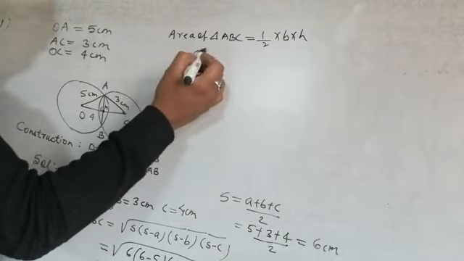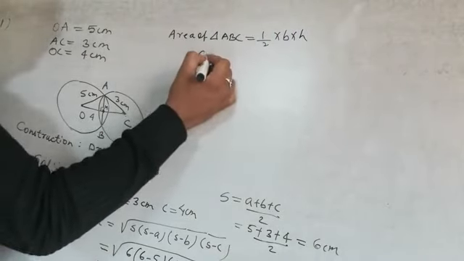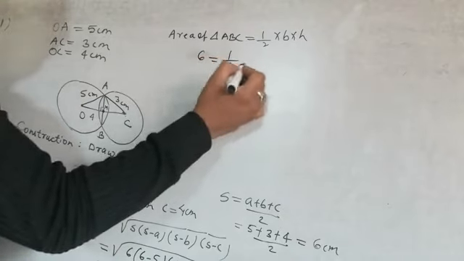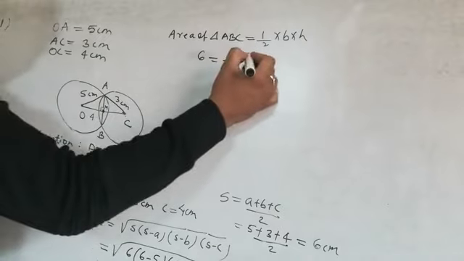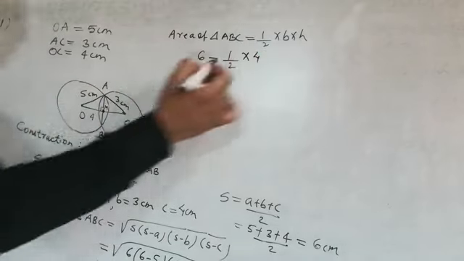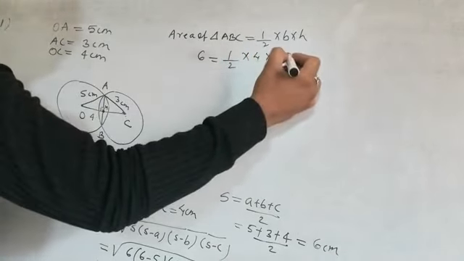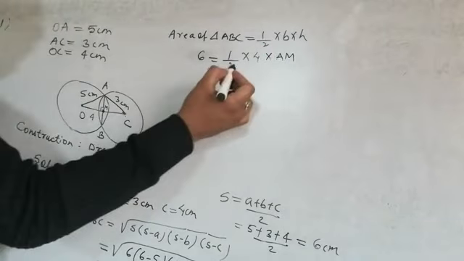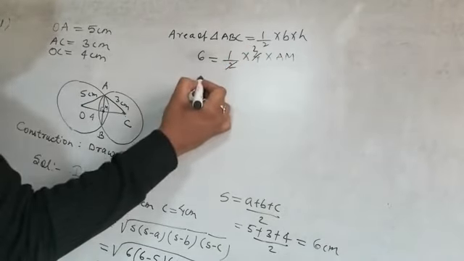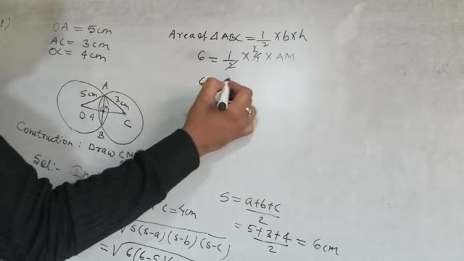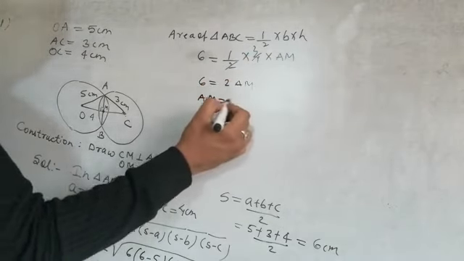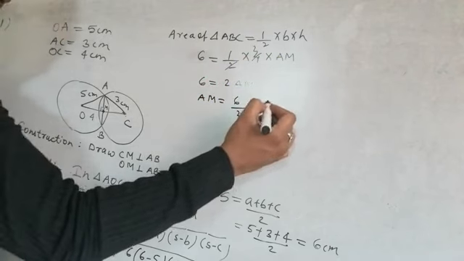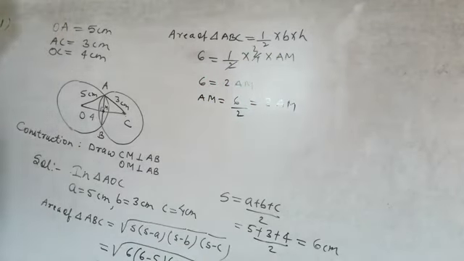Base is 4, you can see OC is 4, and height will be AM. So 1 by 2 into 4 into AM, the 2 will cancel, and I get 6 is equal to 2 AM. AM will be 6 divided by 2, so AM is 3.